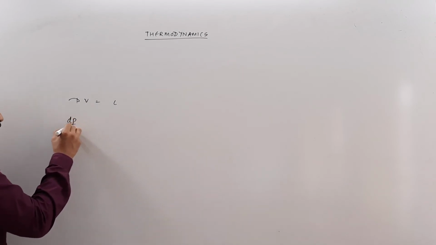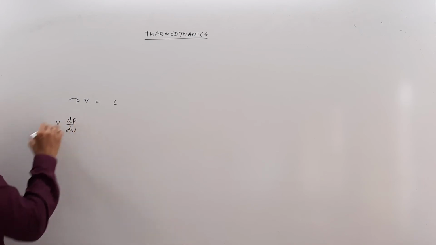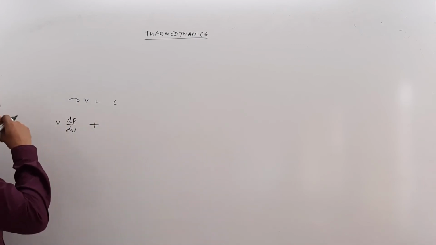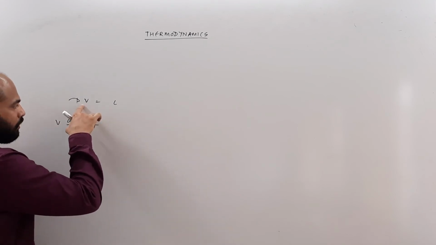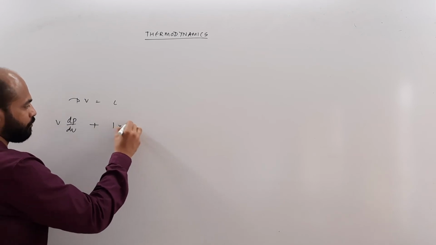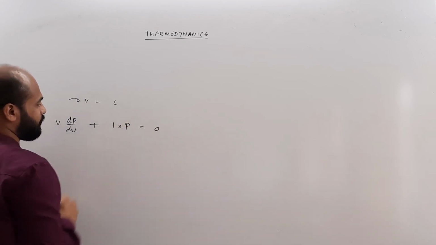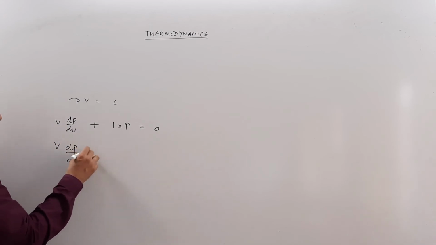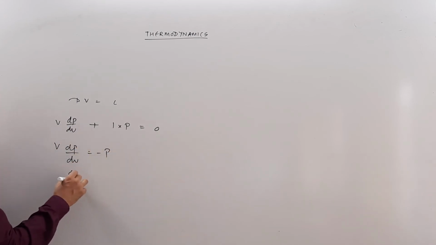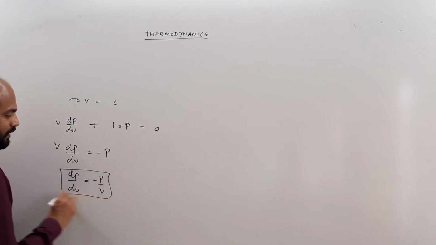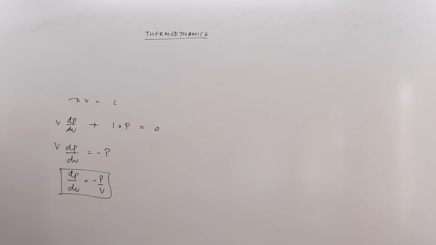Differentiating PV, this is going to be dP by dV with V being constant, and next, dV by dV with P being constant, which is 1 into P. The derivative of the constant is equal to 0. So now we can write V dP by dV is equal to minus P, or dP by dV is equal to minus P by V. That is the slope of this PV graph.